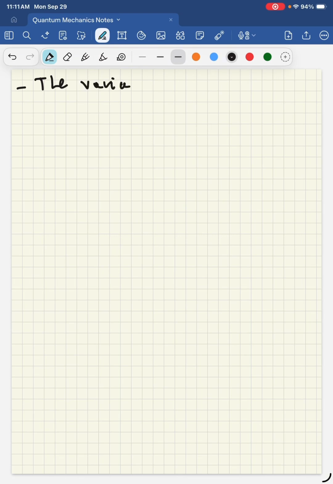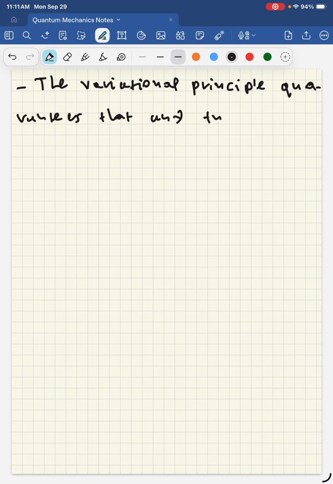So the variational principle guarantees that any trial wave function will have a ground state energy that's larger than or at least equal to the actual ground state of the problem.